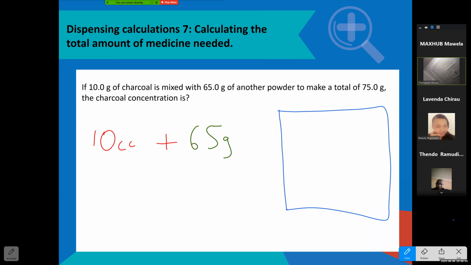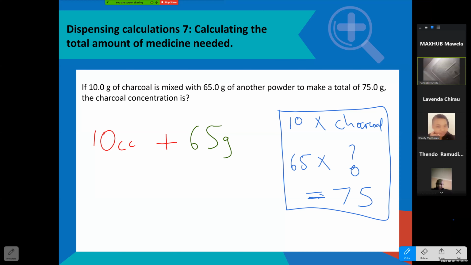In our class, we have 10 units of charcoal, and we have 65 units of another thing that we don't know. So the whole class is made up of 75 units.